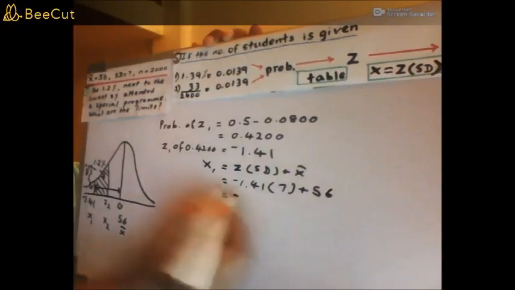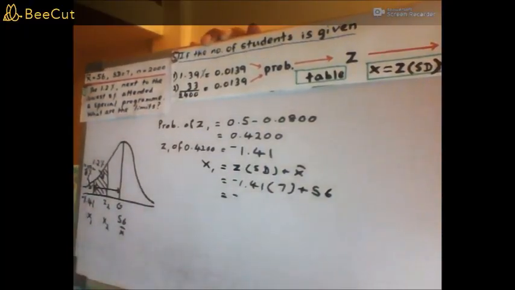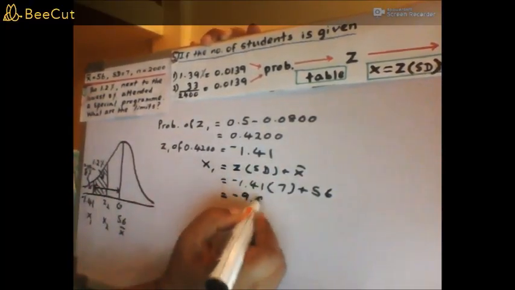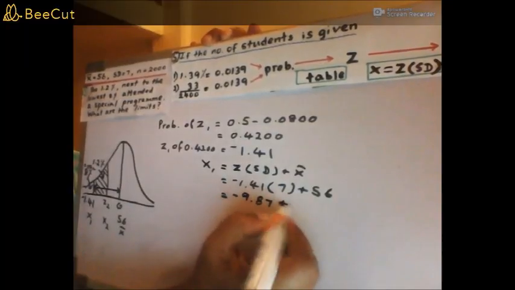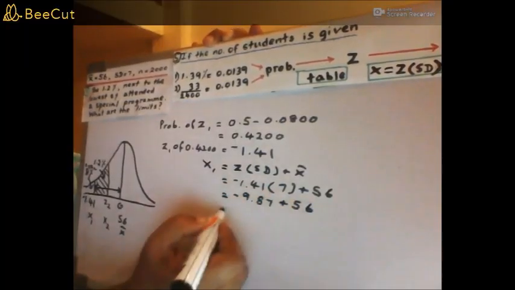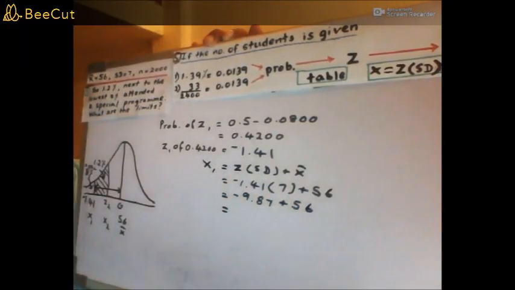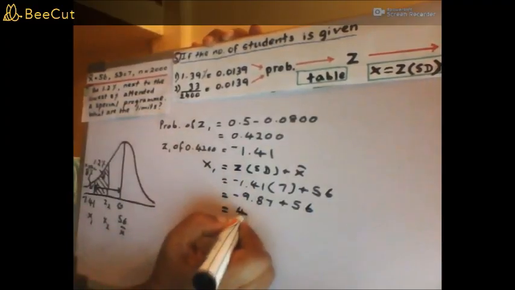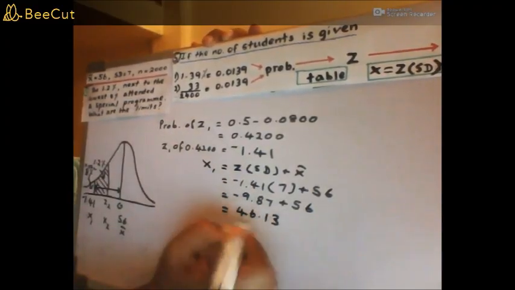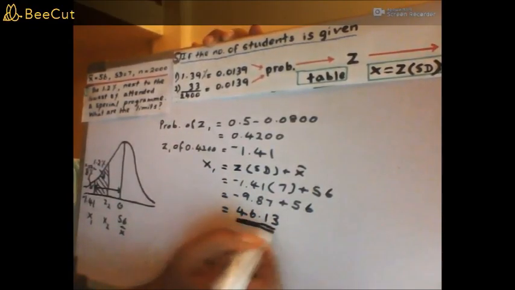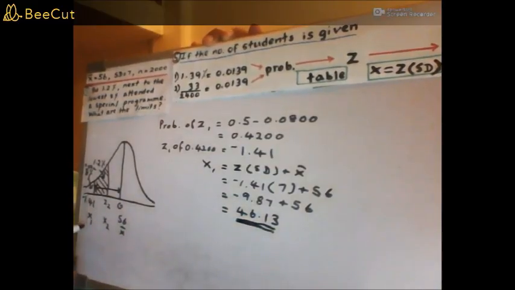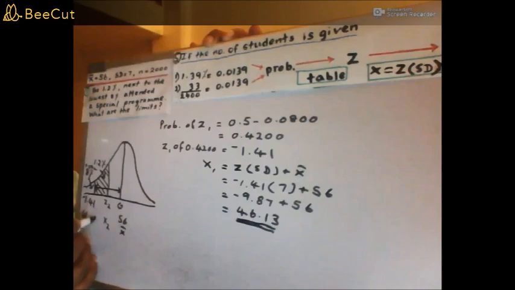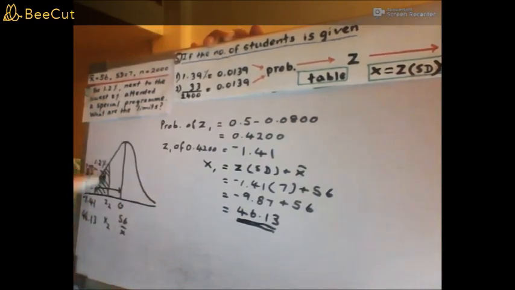The answer is minus 9.87. 9.87 plus 56. That is 46.13. That is this X1. 46.13. Now we have to find the Z2 and the X2.